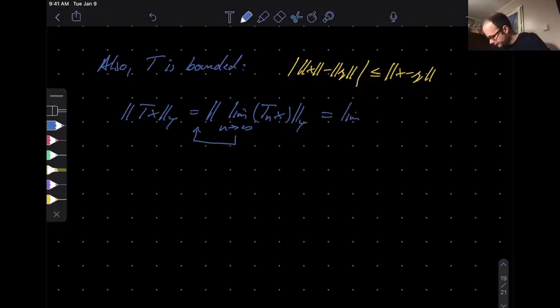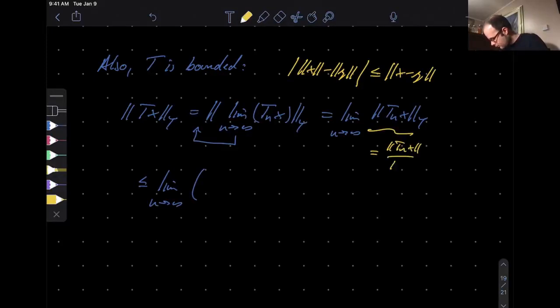So the limit as n goes to infinity of the norm of Tn x in Y, okay? And now I'm going to use the same trick that I did earlier, okay? So I'm not going to touch the limit. I'm going to estimate this again as the norm of Tn x over the norm of x, and then multiplied by the norm of x, and the first ratio I estimate by the operator norm.